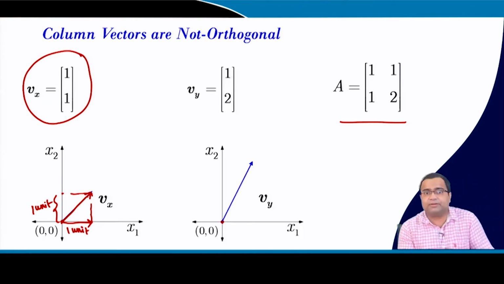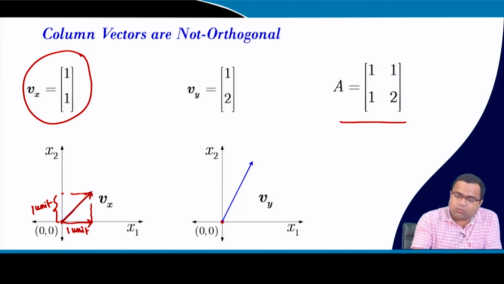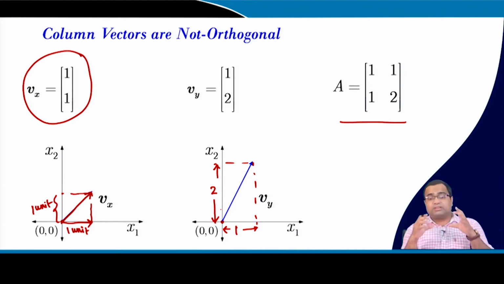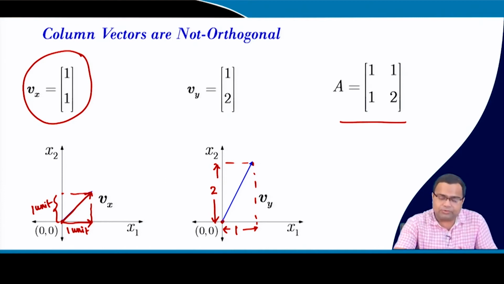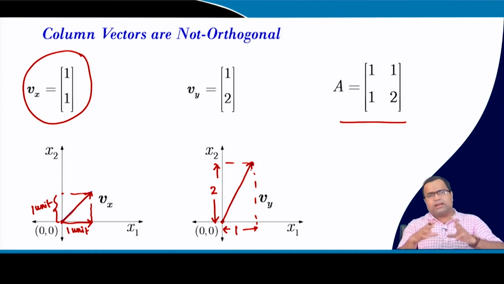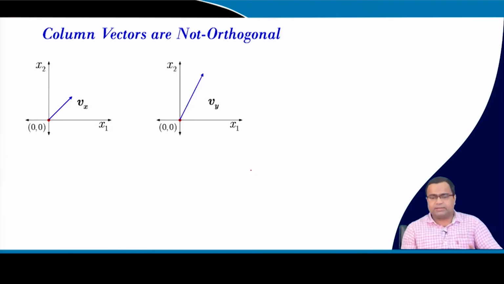Similarly, if I take Vy, 1 unit length along this axis and 2 unit lengths along this axis. If you join them, this is my Vy. So you can draw any vector in the 2-dimensional plane.